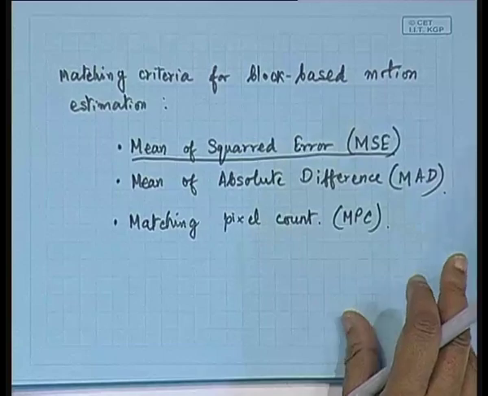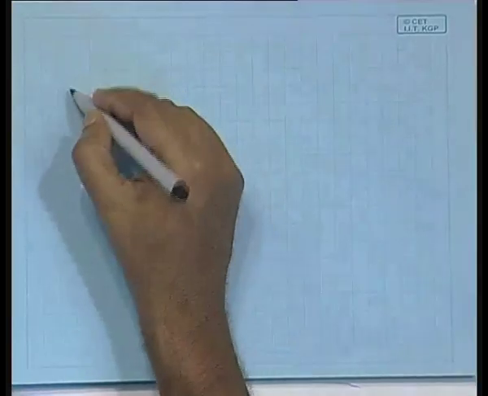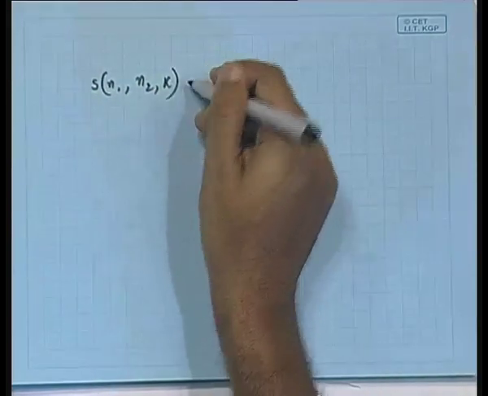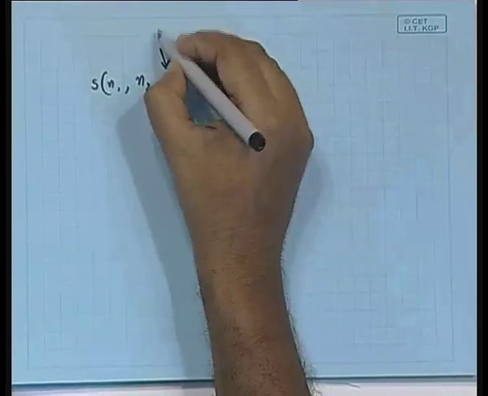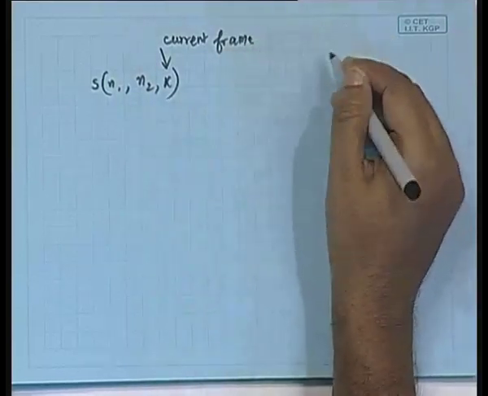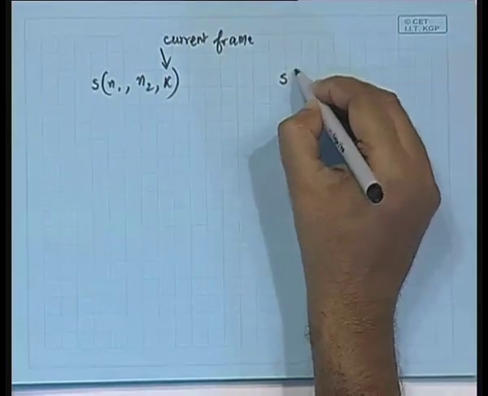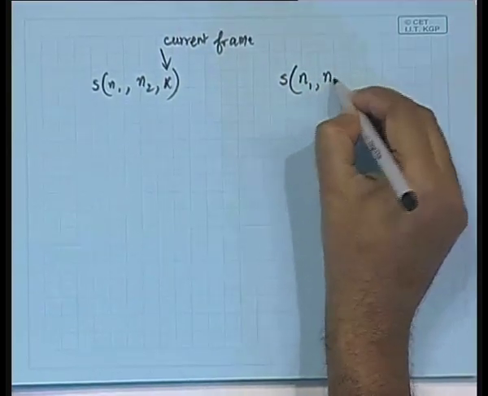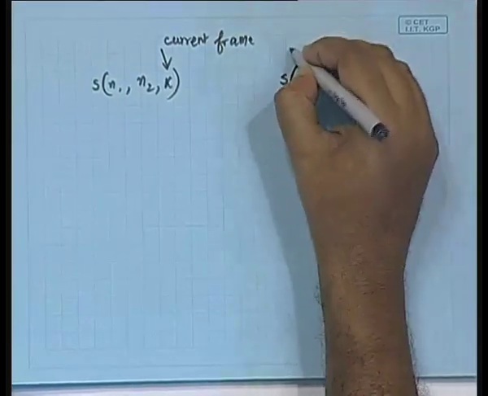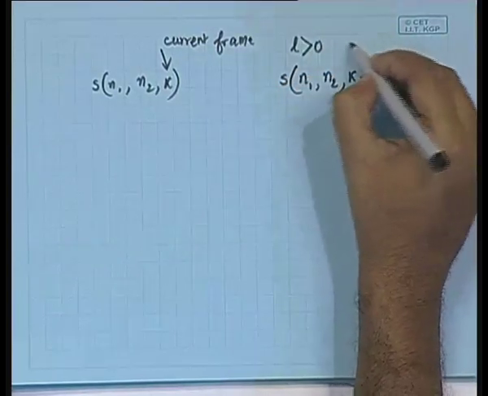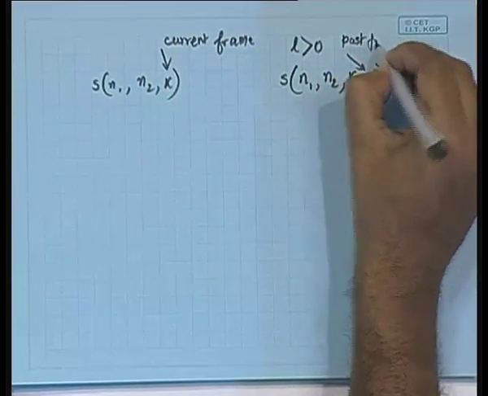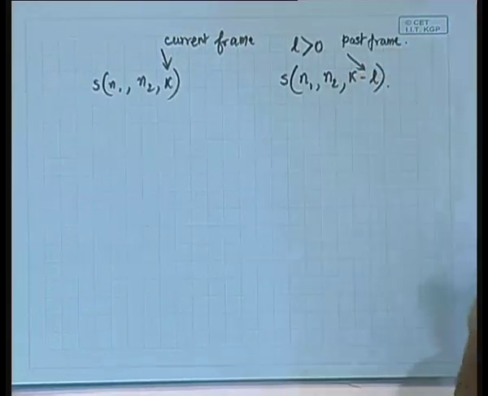Supposing we take S n1 n2 k, where k is the index for the current frame, and for the reference frame we consider the intensity function S n1 n2 k minus L. If L is greater than 0, this is a past frame, and the past frame is used as a reference.